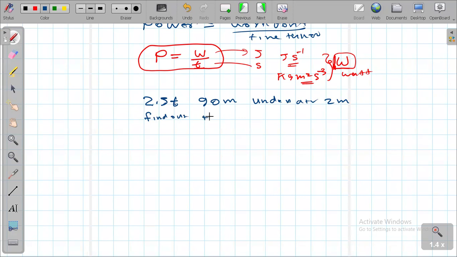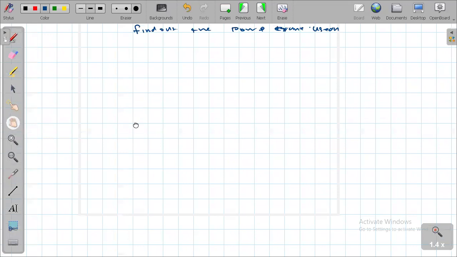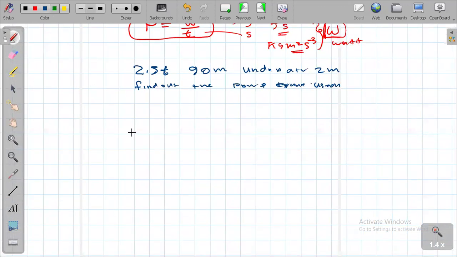Find the power of the crane used. You lift it to a certain 90 meters.